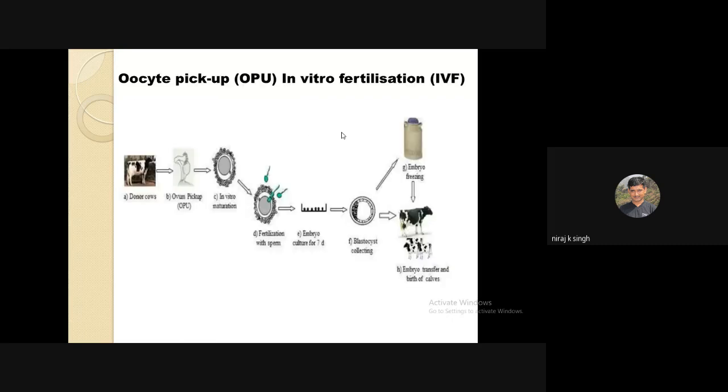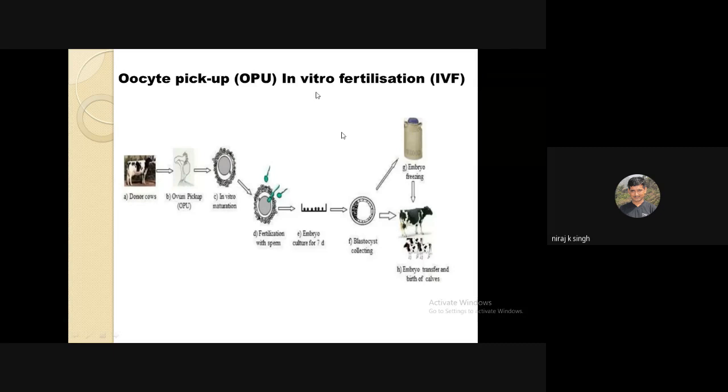Second is OPU IVF. As you know, the Government of India has now launched one important program in many centers, especially in the ICAR institutes, animal science institutes, and different universities, like the Rashtriya Gokul Mission, RGM. I think many of you know what RGM is. Rashtriya Gokul Mission is where OPU and IVF practices are in use.